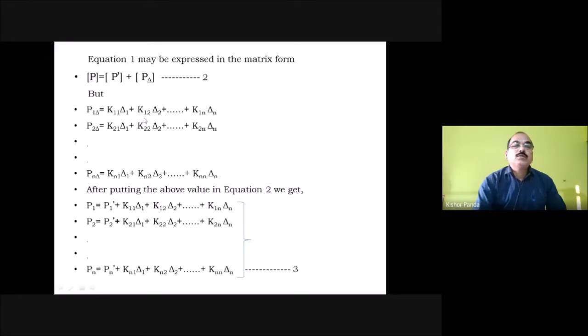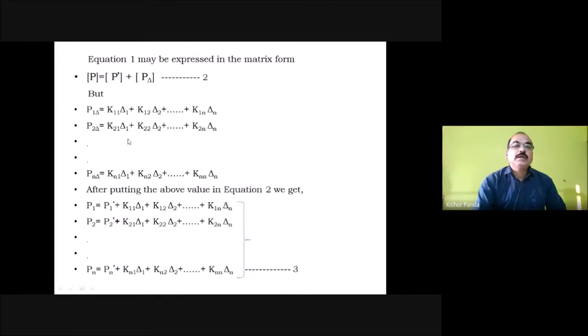Similarly, K12 indicates force at coordinate 1 due to displacement at coordinate 2. And this is force at coordinate 2 due to displacement at coordinate 1. This column is your force at coordinates 1, 2, 3, n due to displacement at coordinate 1. Similarly, this column is your force at coordinates 1, 2 due to displacement at coordinate 2.